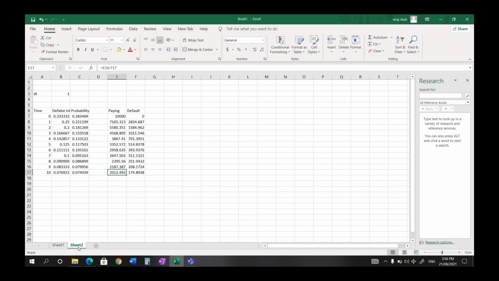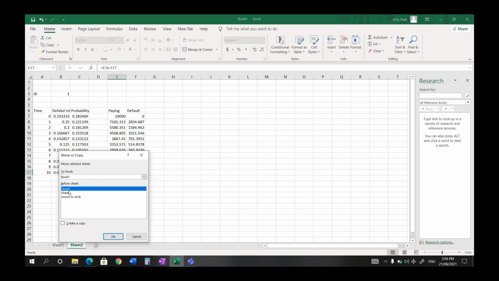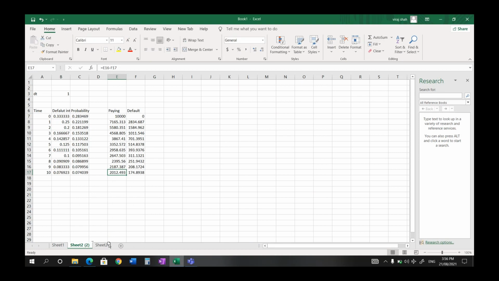So what I will do, I will make a copy of this sheet. Sheet 2, I will create a copy. I will write here 0.1, let's start with 0.1. So dt would be equal to 0.1. And here I will just change my time. I will use fill series instead.